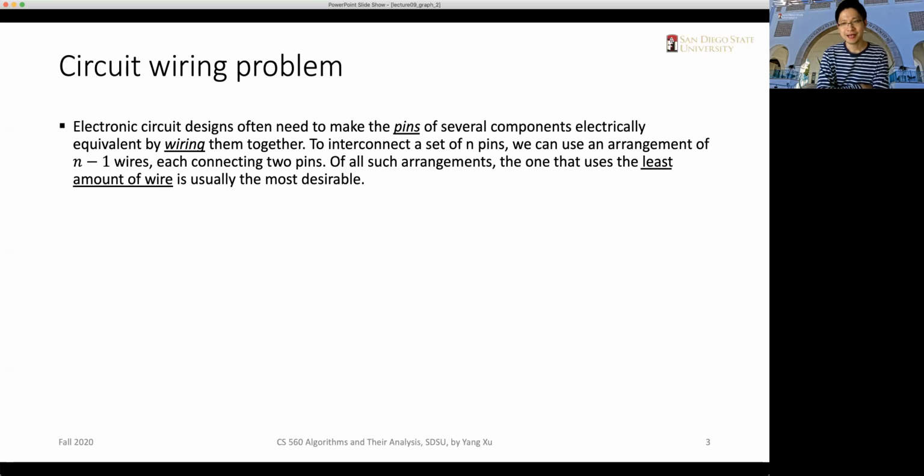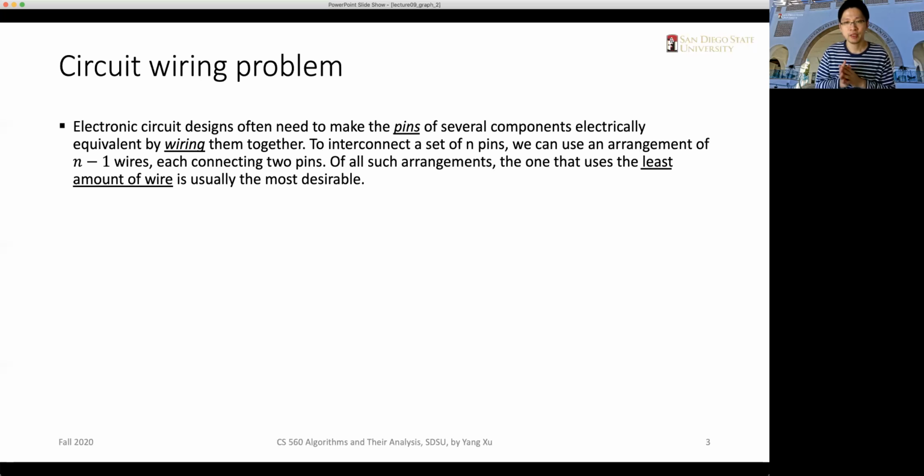So imagine on an electronic circuit, there are those metal pins, right? And the designer needs to make some of those pins electronically equivalent by wiring them together, so that they're at the same voltage level. So the task is to interconnect, say you've got n pins and you need to interconnect those pins.